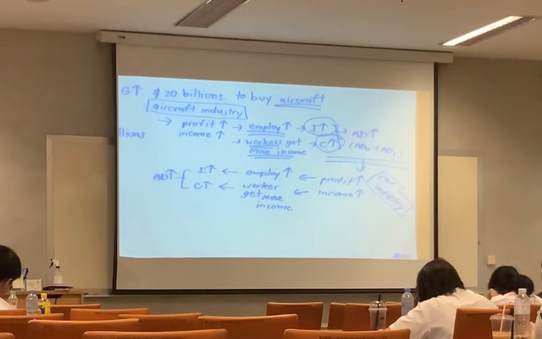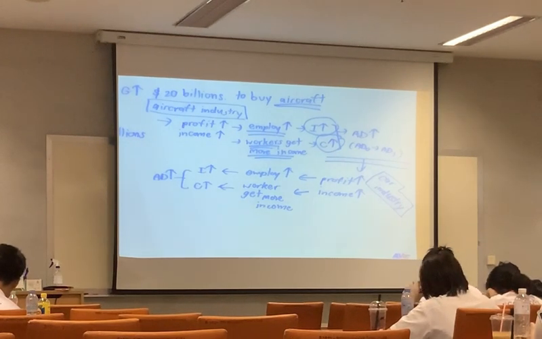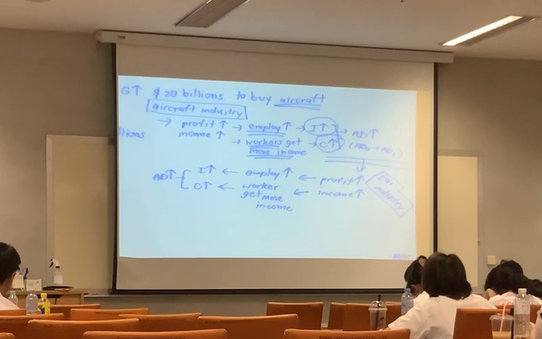So because money can flow to another industry, for example, if the aircraft industry would like to expand their investment into the steel industry or car industry, or the worker, when they get more money, they use it to consume more. For example, they buy a car to use in their household.